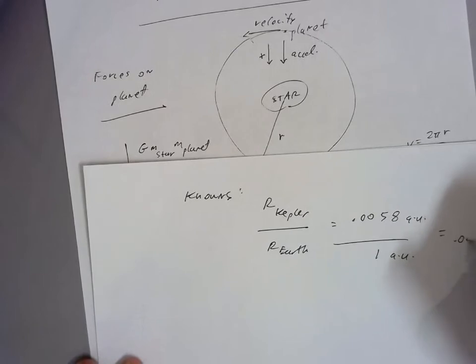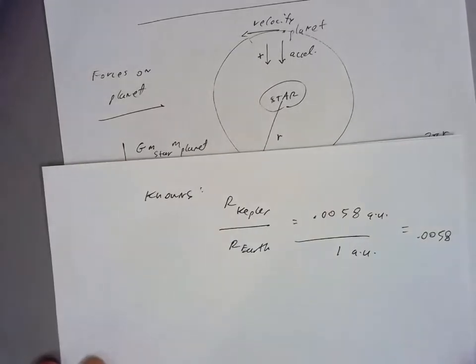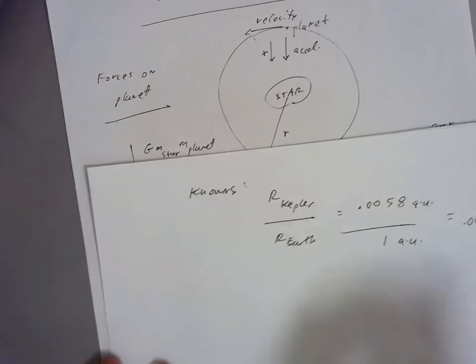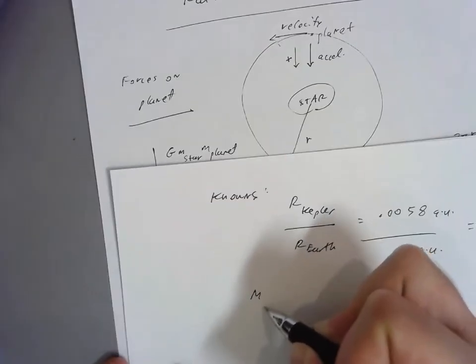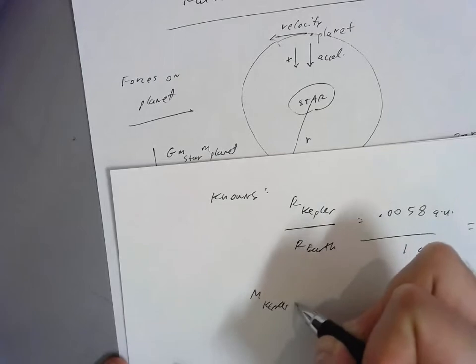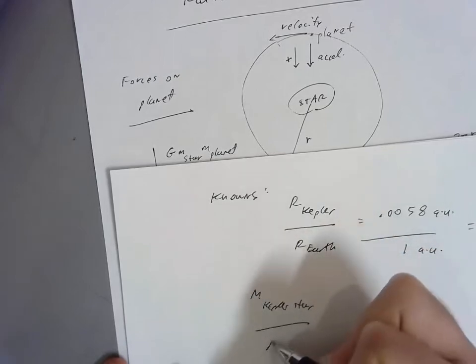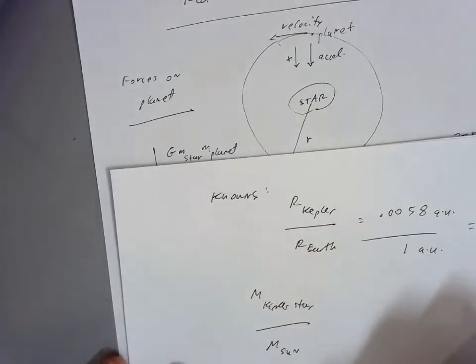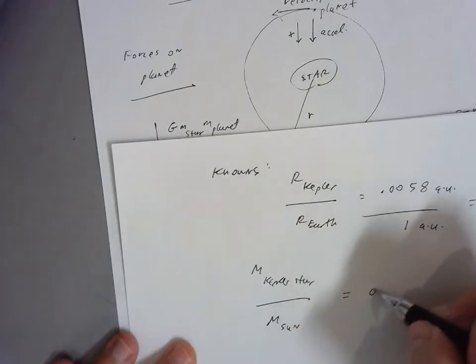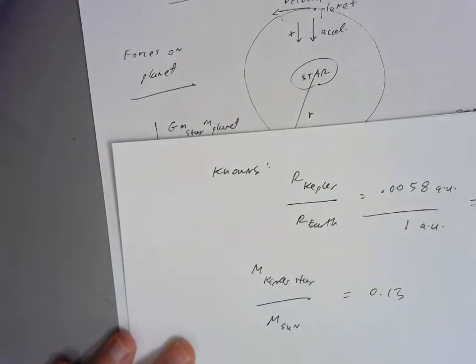So that's 0.0058, a number with no units. It's a ratio. We were also told that the mass of the Kepler star compared to the mass of Earth's star, which is the Sun, is 0.13. So we're given those ratios.